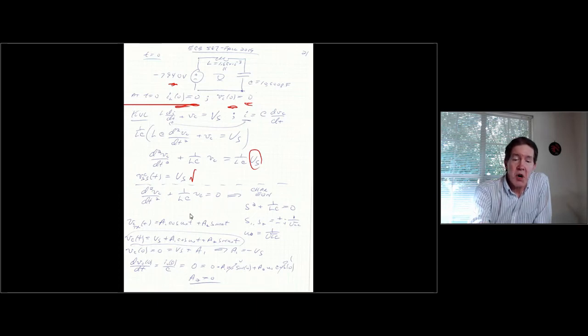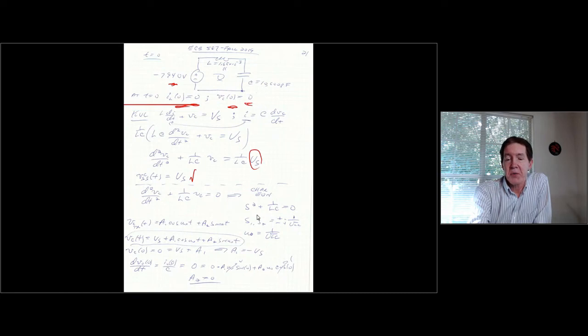We solve the homogeneous equation to get the transient portion. Basically, instead of having a forcing function, we set this differential equation equal to 0. The roots correspond to solving the characteristic equation s squared plus 1 over LC equals 0.